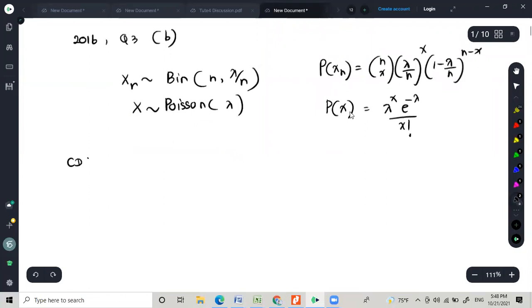So let's start with the CDF of the binomial density. How do you find the CDF? Capital F of xn, where our random variable is x. You have to sum up the PMF, because this is a discrete case.